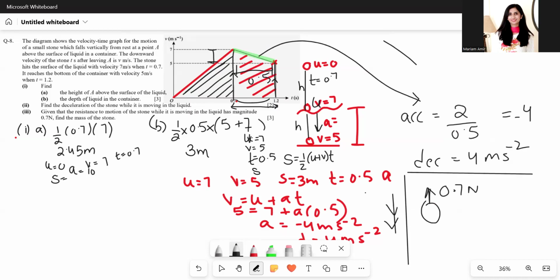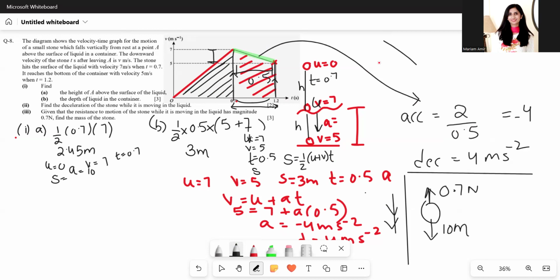And the downward force is going to be its weight, which equals mg. Do we have the mass of the stone anywhere given in the question? Oh no, we have to find the mass of the stone. So mg is the weight, that would be 10m because the gravitational acceleration is 10.